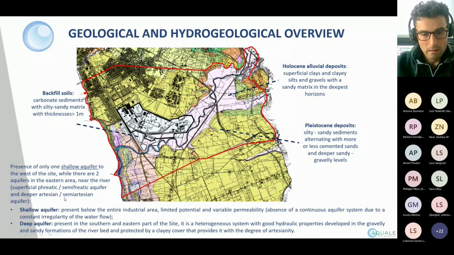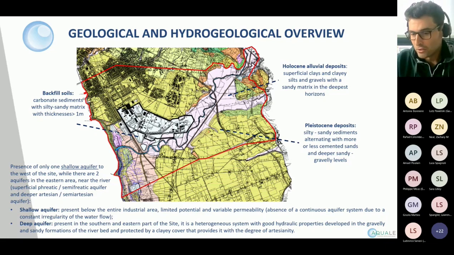The shallow aquifer is present below the entire industrial area, with limited potential and variable permeability, absence of a continuous aquifer system due to a constant irregularity of the water flow. The deep aquifer is present in the southern, eastern part of the site, so close to the river.